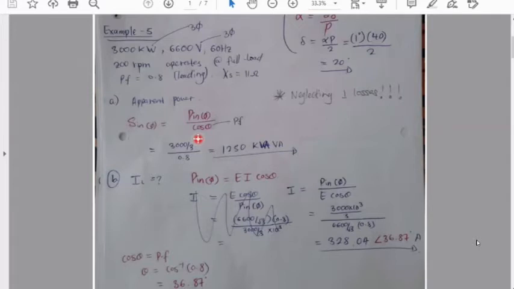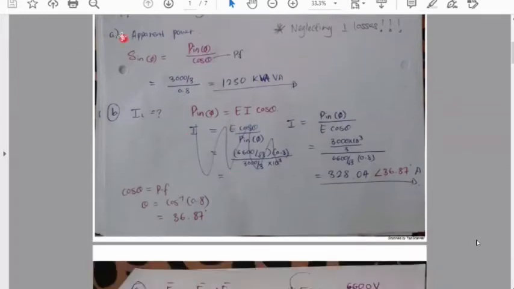When you want volts per phase, you divide by square root of 3. So in this case, it is 3, and then divide by cos of theta, which is just your power factor, 0.8. And that's your answer: 1250 kVA.